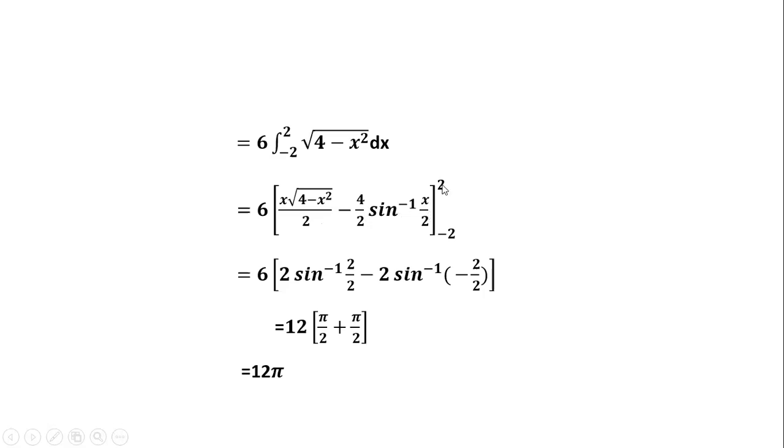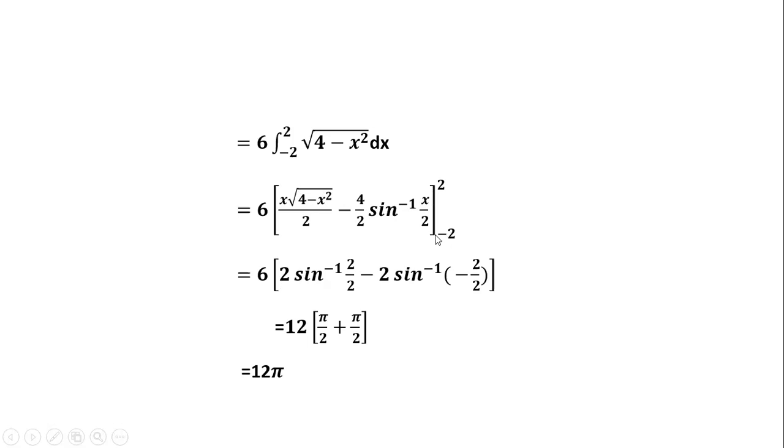Again, by putting the lower and upper limits 2 and minus 2, the first part is 0, because 4 minus 4 is 0. In the second part, if you put the upper limit, it is equal to 2 sine inverse 2 by 2, that is 2 sine inverse 1.